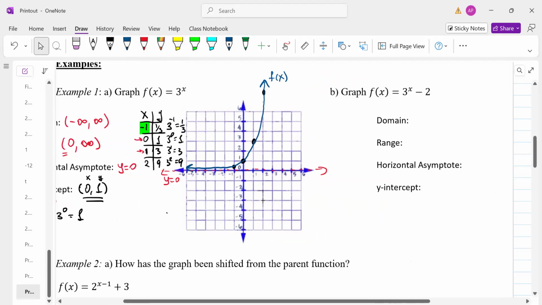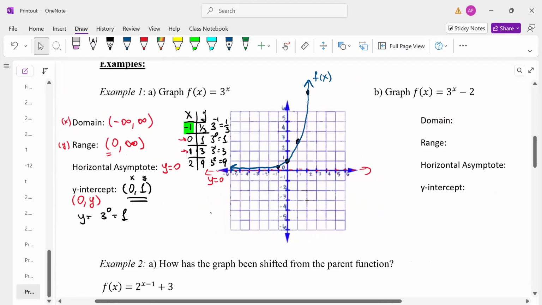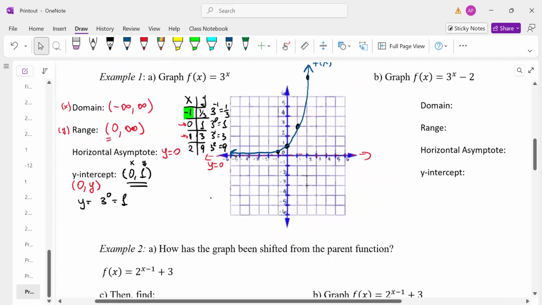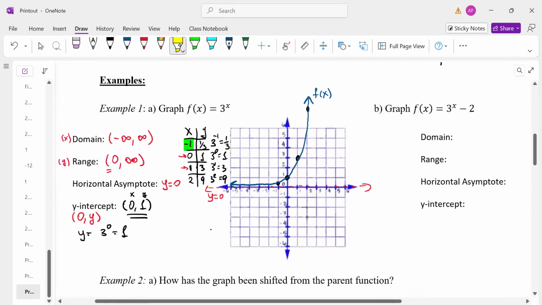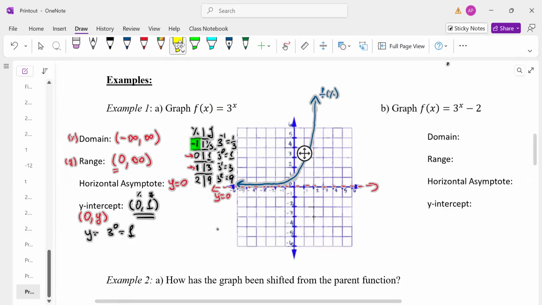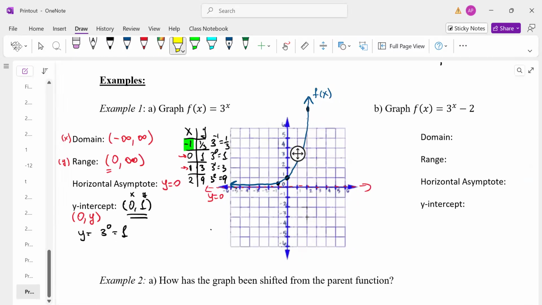Now, let's see what happens if we apply some transformation. So here, in part B, we have f of x equals 3 to the power x minus 2. Minus 2 means that we're bringing everything down 2 units. So therefore, we can make a new x and y chart.